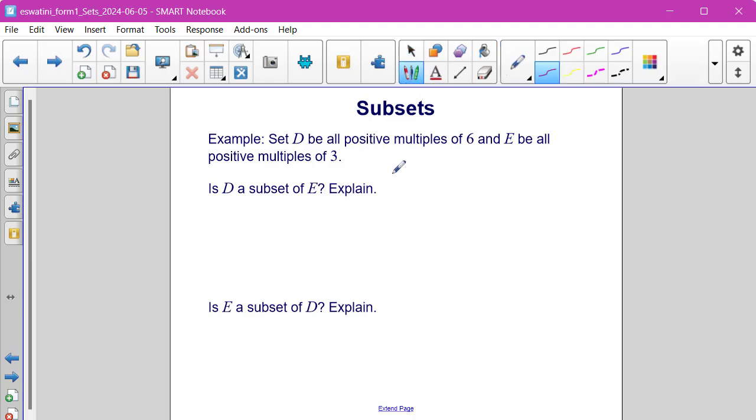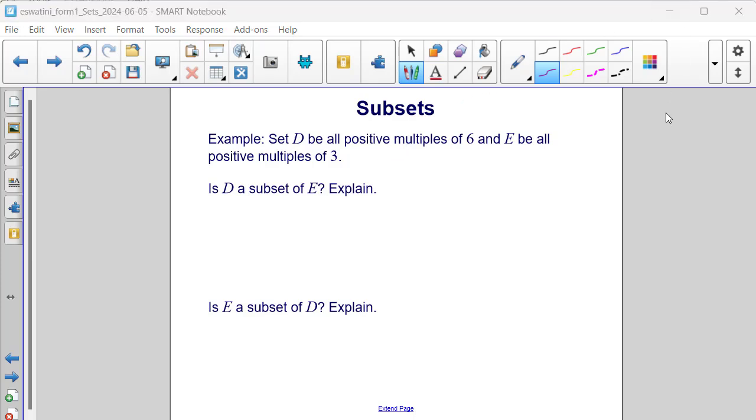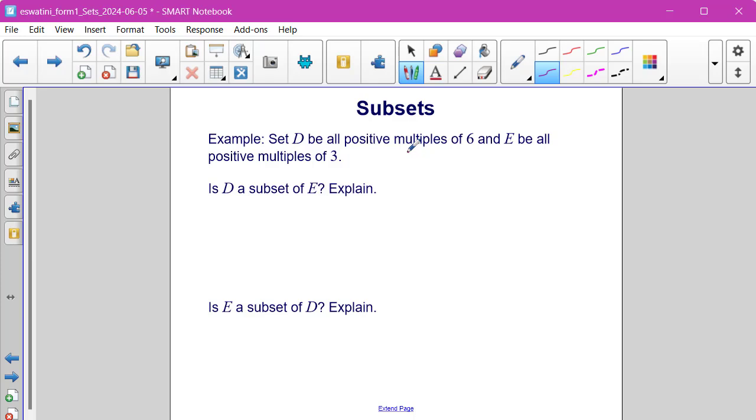So first let's write out each of these sets in tabular form. So first let's start with D. D is going to be all positive multiples of 6. So that's going to be 6, 12, 18, 24, 30, and it keeps going.